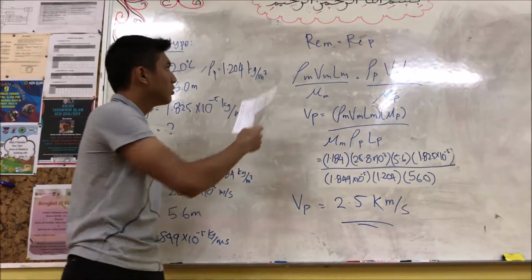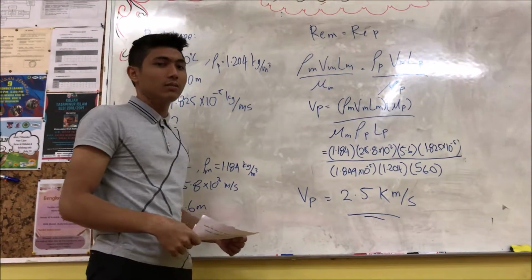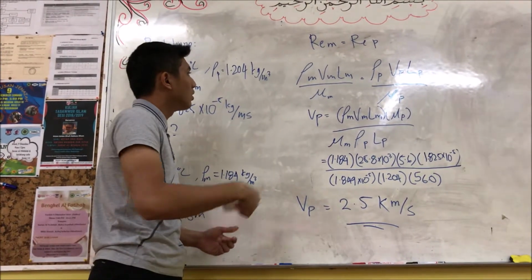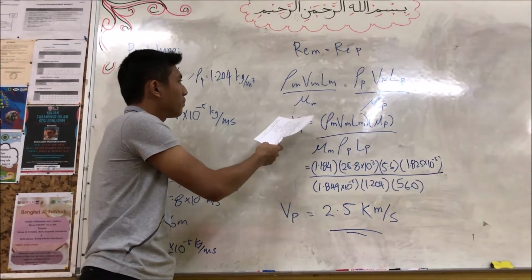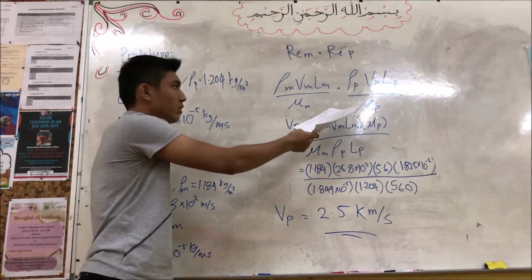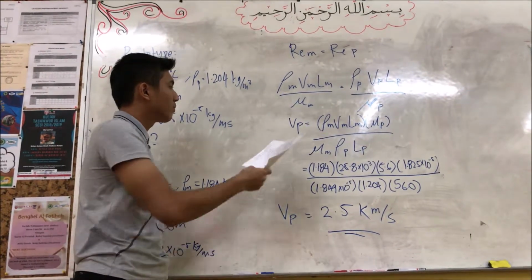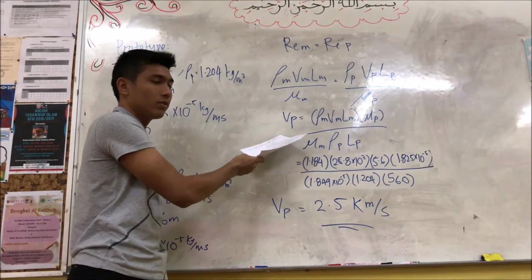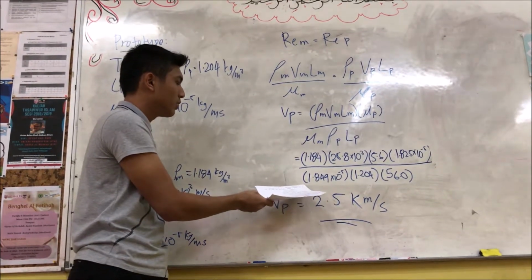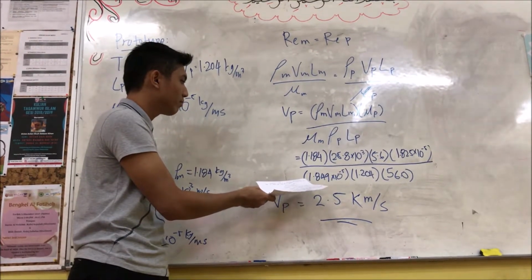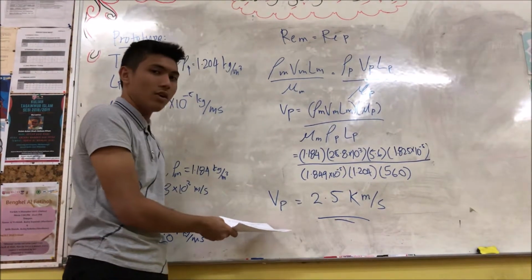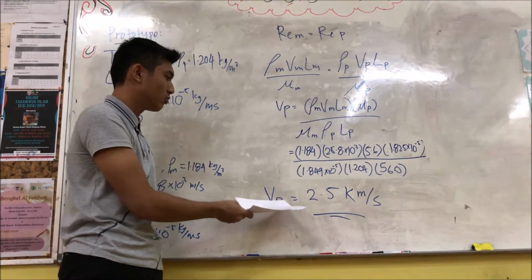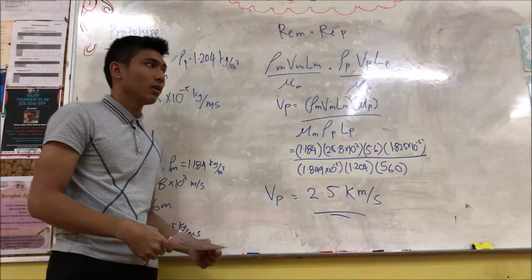So we are going to use the Reynolds number. Given that the Reynolds number for the model is equal to the Reynolds number of the prototype, we derive the formula to find the velocity of the prototype, and then we substitute the values given, and we get the velocity for the prototype as 2.5 km per second.